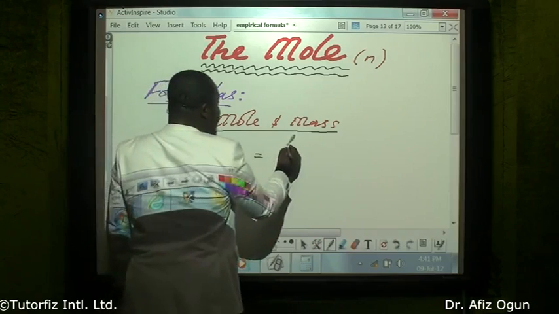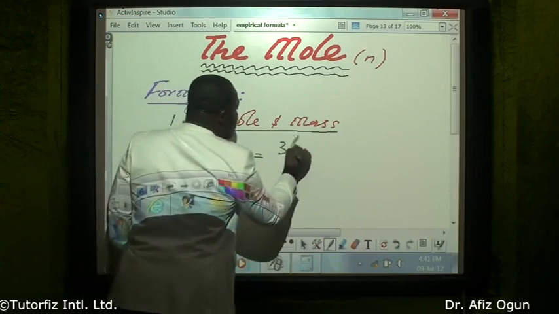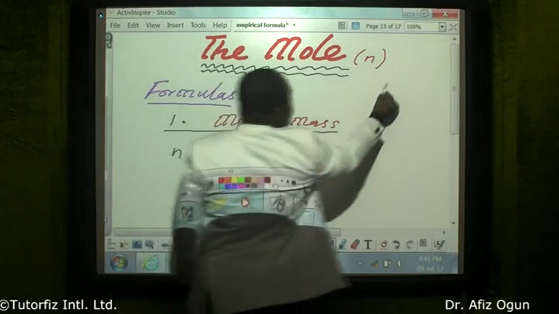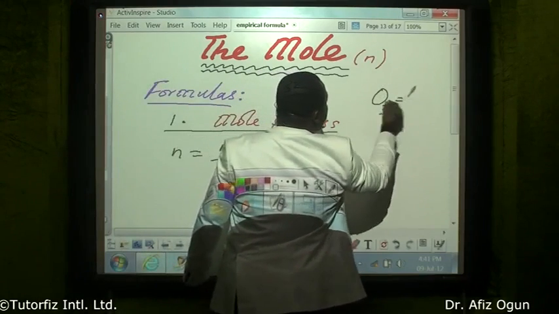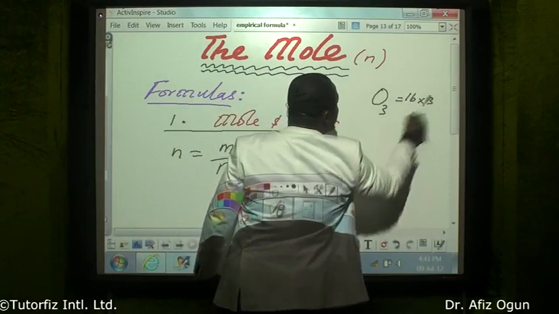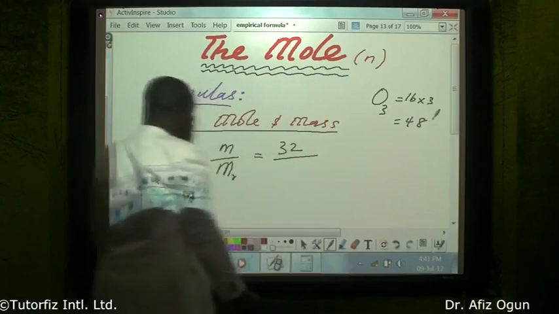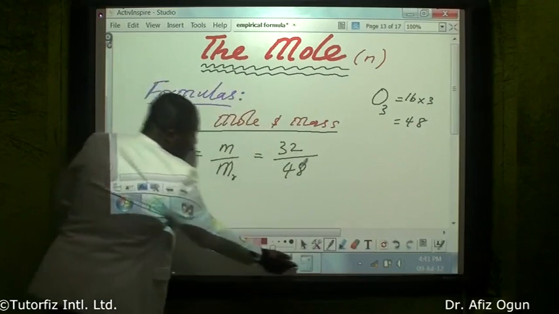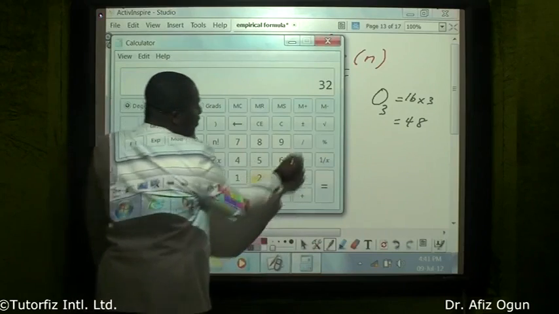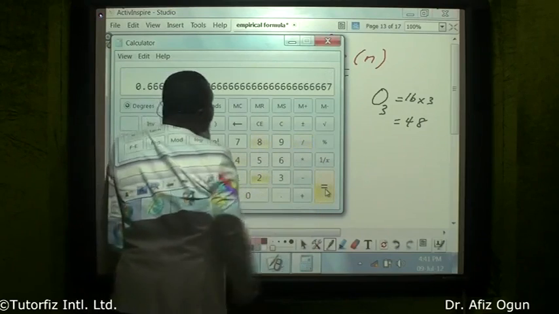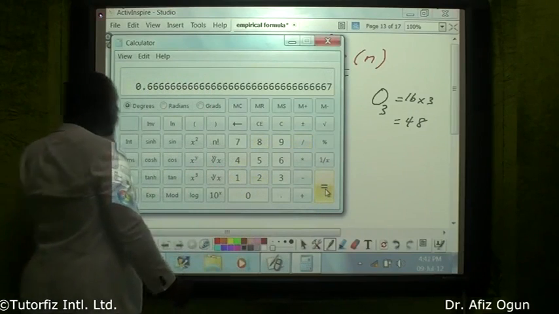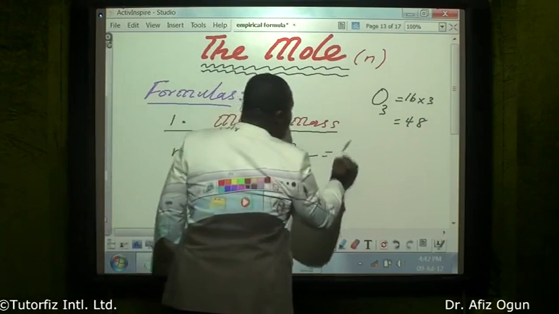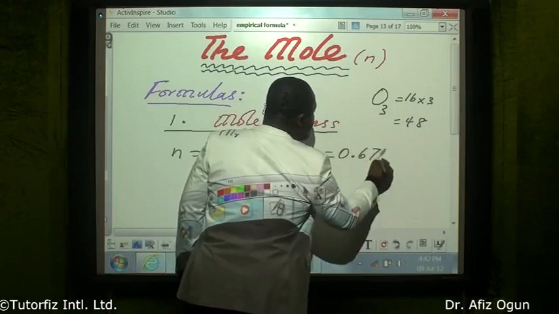I have been given 32 grams in the question, and the molar mass is, since ozone is O3, 16 multiplied by 3, which equals 48. So the molar mass of ozone is 48. I have 32 divided by 48, which gives me 0.6666 mole, which is 0.67 moles.